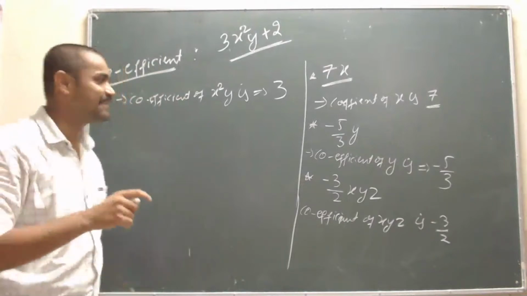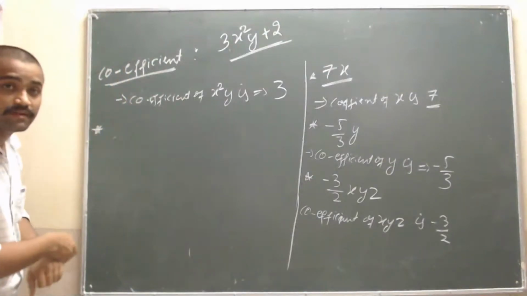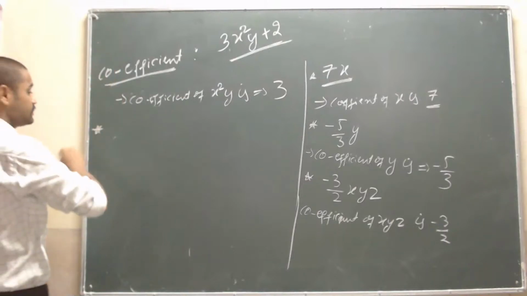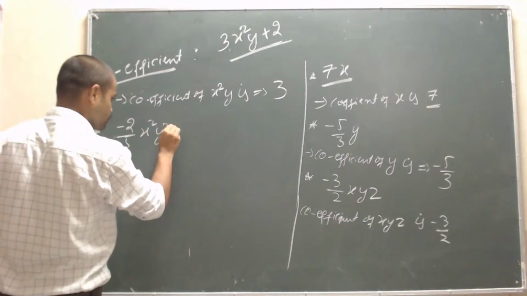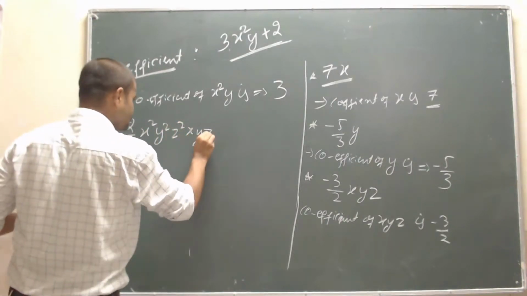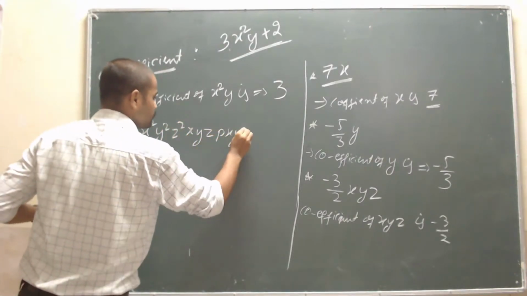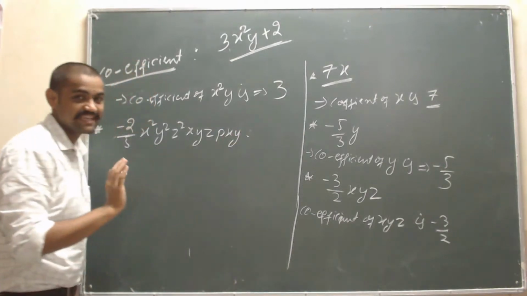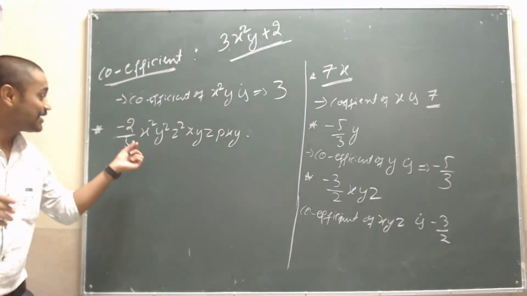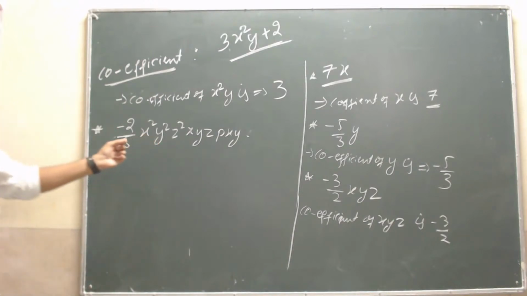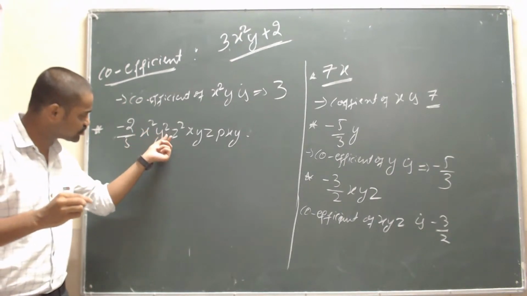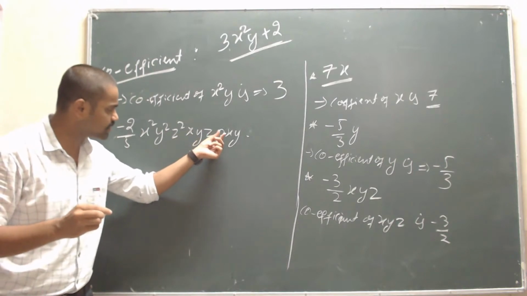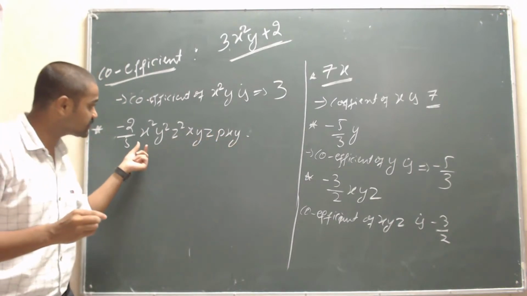Is it clear? Then one more example: minus 2 by 5 x square y square z square x y z p x y. Now tell me, what is the coefficient of x square y square z square x y z p x y?